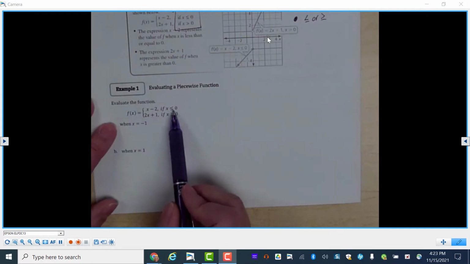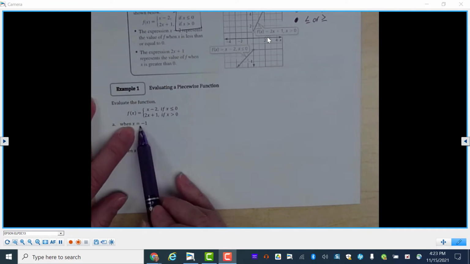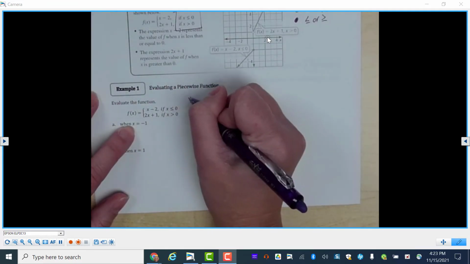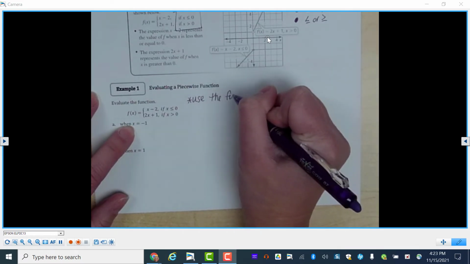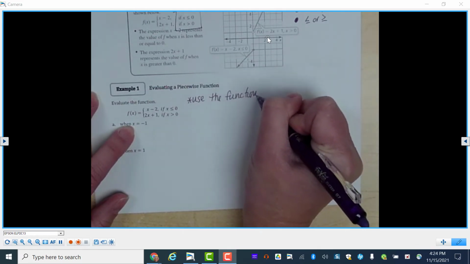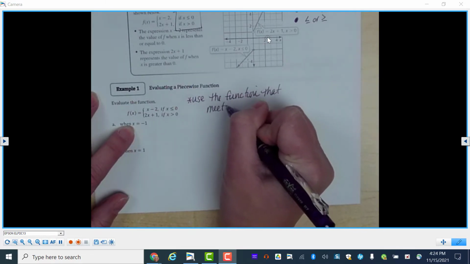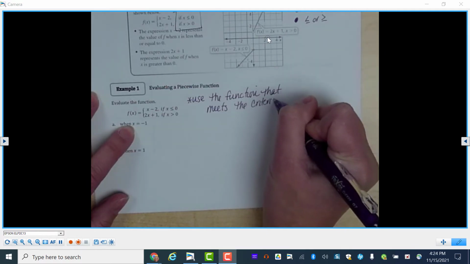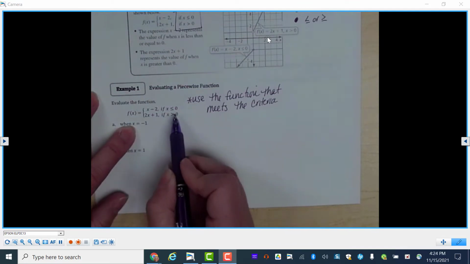So we've got this function, which is the same one as above, and I want to evaluate it when x equals -1. So when does it meet the criteria? We always want to use the function that meets the criteria. Okay, so if I look, x is equal to -1.